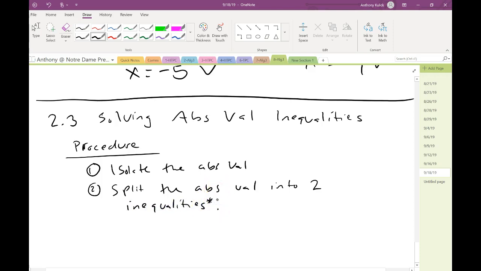And the second step is still going to be kind of the same. We're going to split that absolute value inequality into two linear inequalities. I put a little star next to there because the way we do that splitting is a little bit different. There's like one little extra thing we have to worry about there. But it's still kind of the same basic second step.